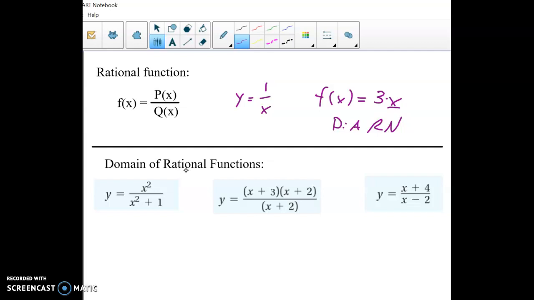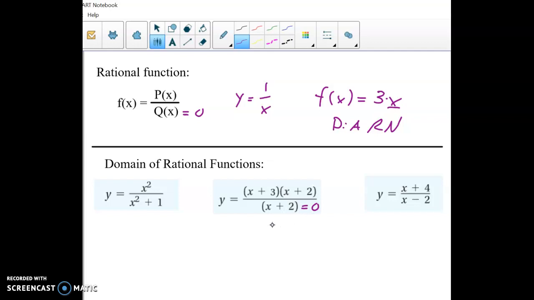On a rational function for domain, we're going to have to watch out because the fraction bars divide, and we don't ever want to divide by 0. So when figuring out the domain, you've got to think about when the denominator is 0. I'm going to skip the first one for now, but basically if I look at this one and ask, when is this little expression in the denominator 0?